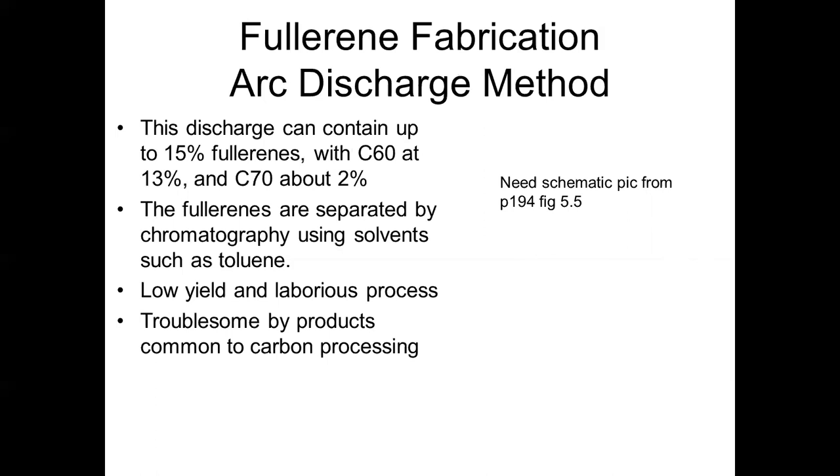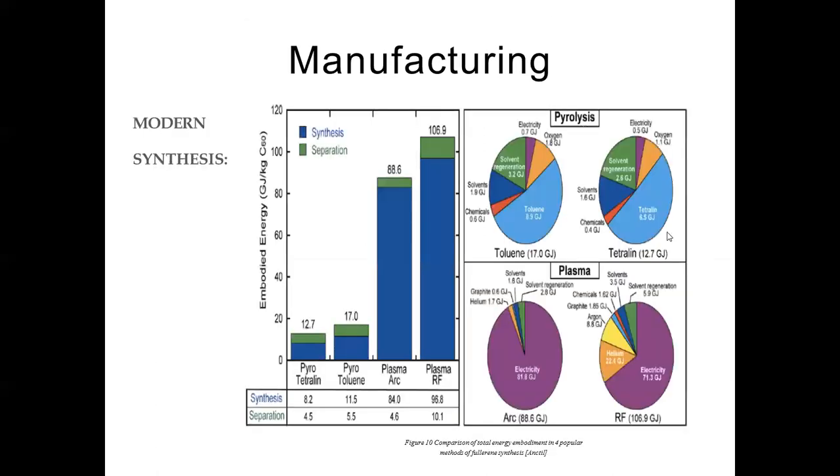We would use solvents such as toluene, which we all understand is carcinogenic, and that's an added cost to this process. It's also very low yield, and it takes a lot of labor. So it's troublesome and expensive to make in this particular configuration.